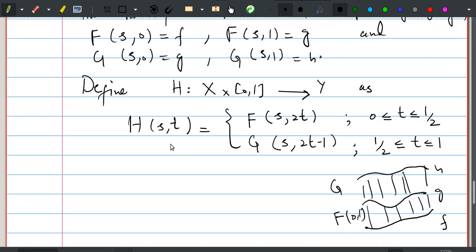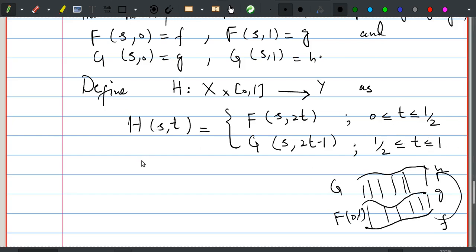Now we have exhibited this homotopy H. What this homotopy does, it takes f to g in this half interval and g to h in the next half interval. So finally H takes this f to h in the complete interval [0,1].